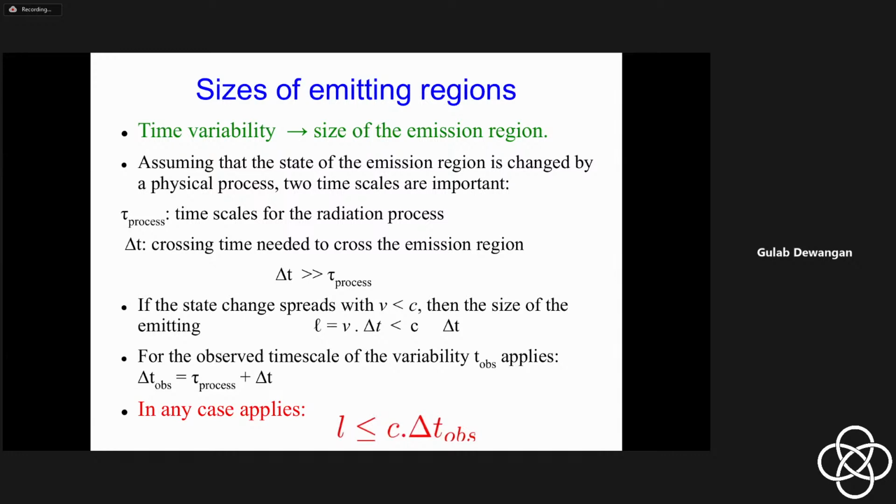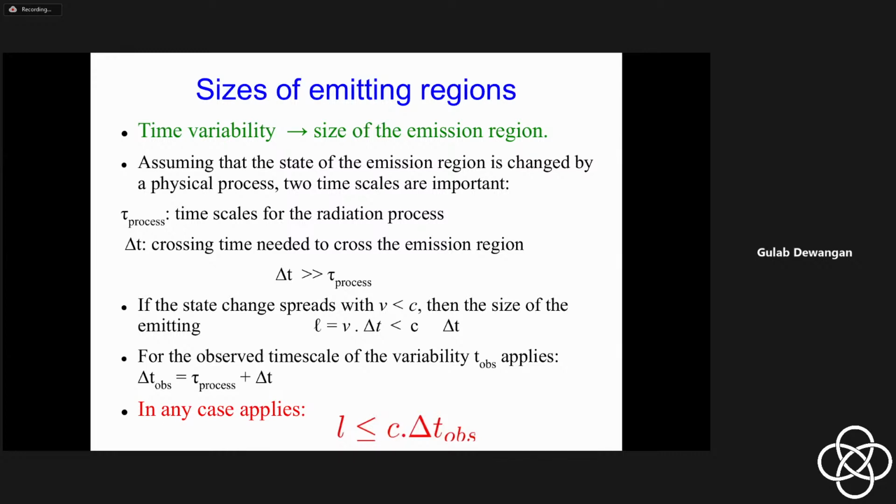For the observed time scale of variability, delta T observed, on which the flux varies or the luminosity varies, this is essentially a combination of tau process, the time scale for the radiation process, and delta T, this crossing time.